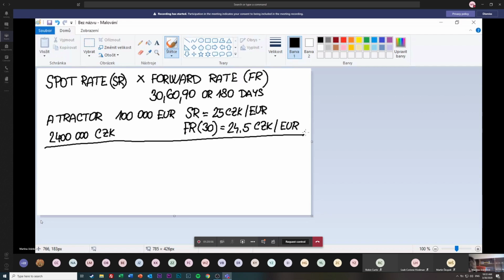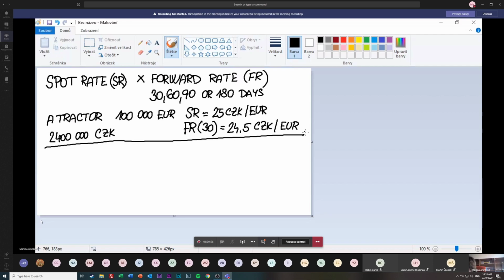So once more, it's the 30th of April. After 30 days, I will get the payment and I go to the bank. The spot rate is again 25. So I can exchange 25 times 100,000 euros. I will deduct my costs and I have the profit plus 100,000 Czech crowns.